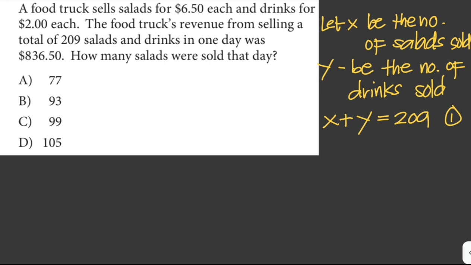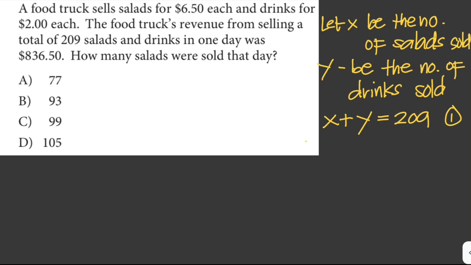Since each salad costs $6.50 each, and the drink is $2 each, and the total revenue was $836.50, we can also write this as an equation, and that would be our second equation.